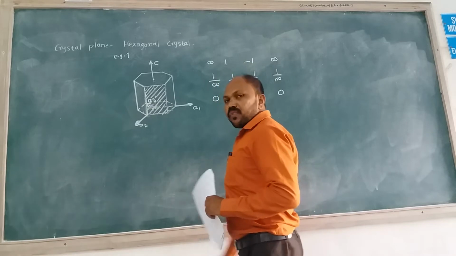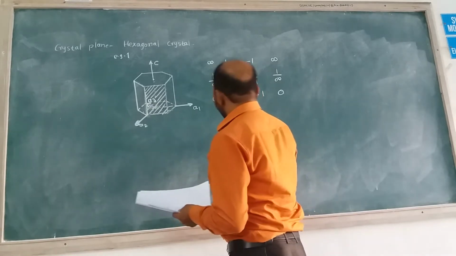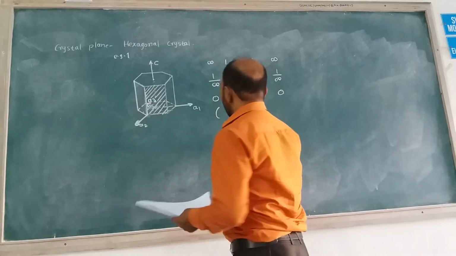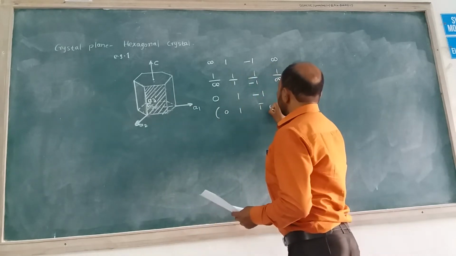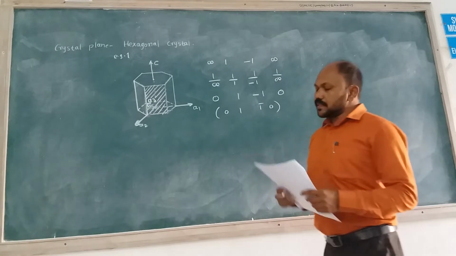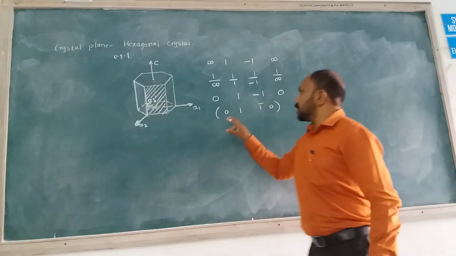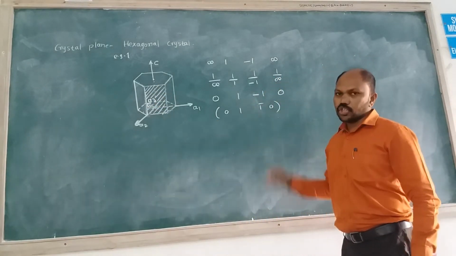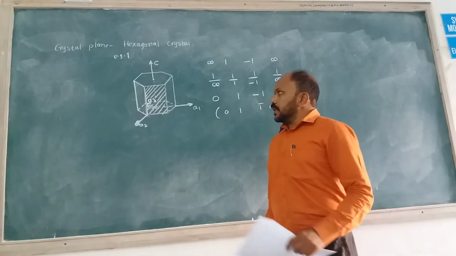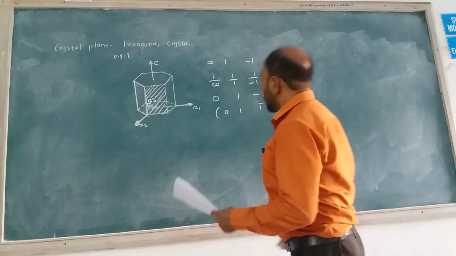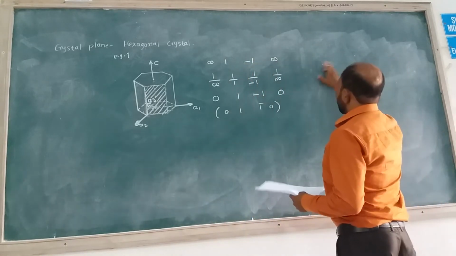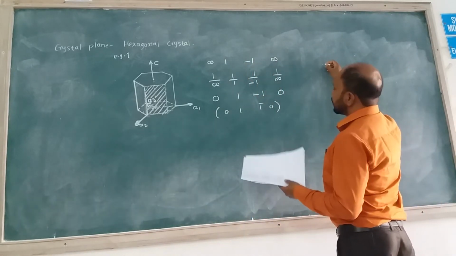Writing the plane, for -1 this is 1 bar. So this is the representation for this shaded plane, that is (0, 1, 1 bar, 0). Similarly, it is possible to find different planes.